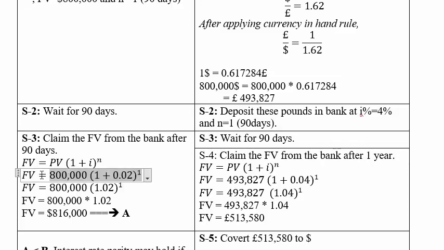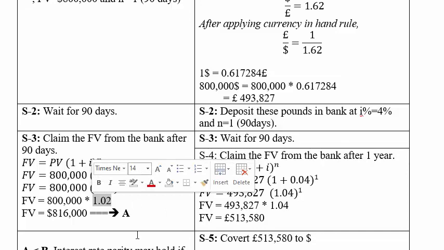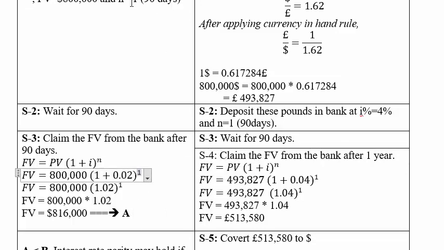If I simplify this equation, I add the numbers inside the parenthesis, 1 plus 0.02, which becomes 1.02, and then I take the power as 1. I'm not taking the power as 90. I explained earlier why: 90 days represents 1 period, 1 turn, and we are investing money for the same 1 turn, that's 90 days, that's why 1.